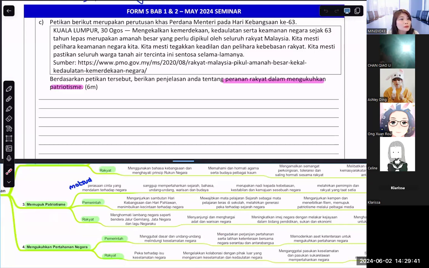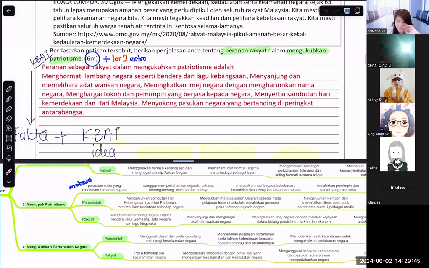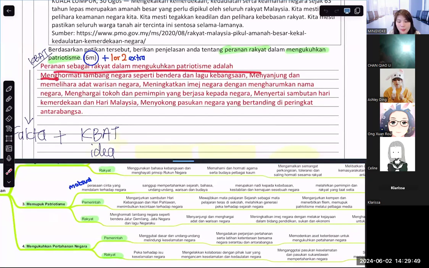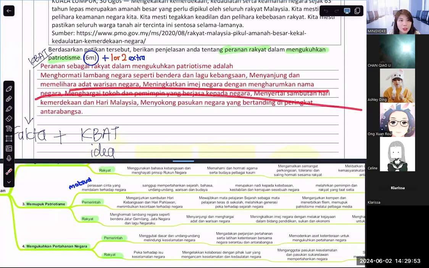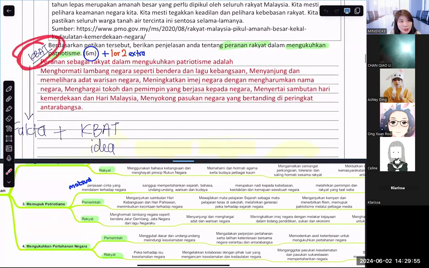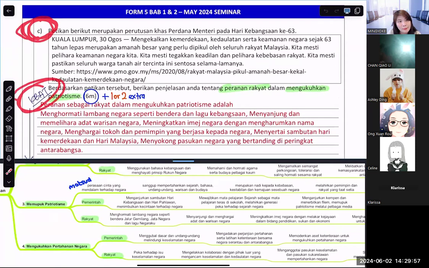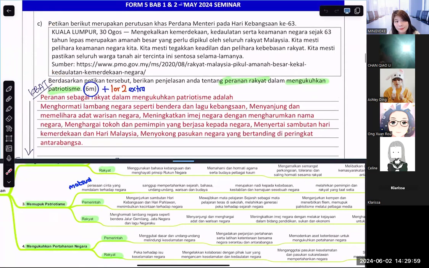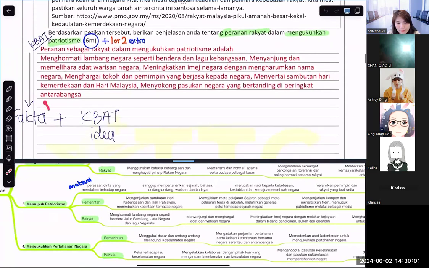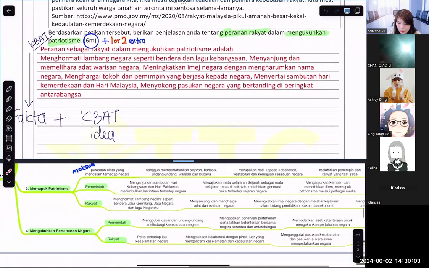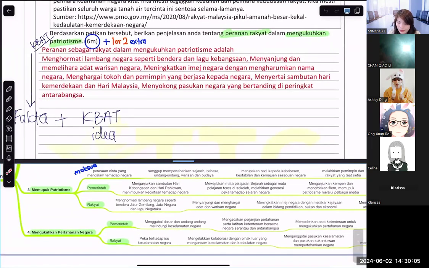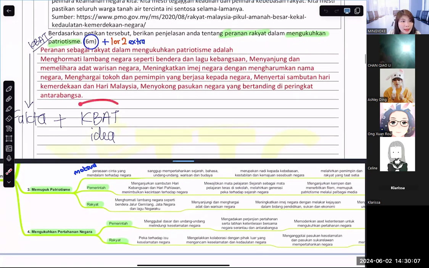So, page 9, here. Peranan sebagai rakyat dalam mengukuhkan patriotisme adalah menghormati lambang negara, menyanjung, meningkatkan imej. To be honest, because of the last question, I already told you, C is what? KBAT. So you get your answer from here, plus your own KBAT idea.